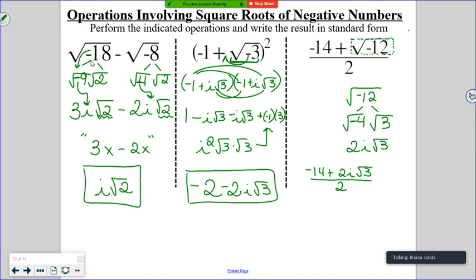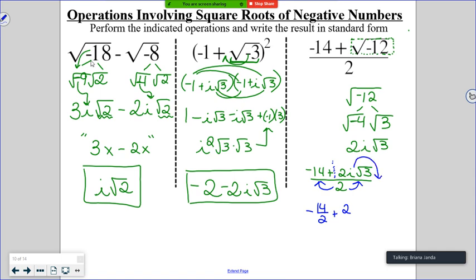So we start by just simplifying the radical. And then we're going to go ahead and write it in our a plus bi format, which means I'm going to break at the plus or minus. And I'm going to give them both the common denominator. So it'll be a negative 14 over 2 and a 2i over 2. And actually, notice I'm going to slide the i always off to the side.